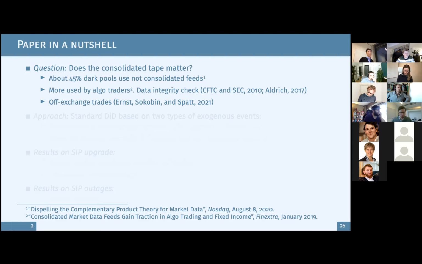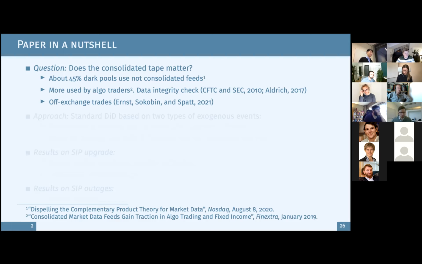And also a paper by Outages, who also looks at the flash crash, finds that when the data from the SIP became corrupted, the HFTs or fast traders withdrew from the market. At least it is considered one of the potential factors affecting their liquidity provision.